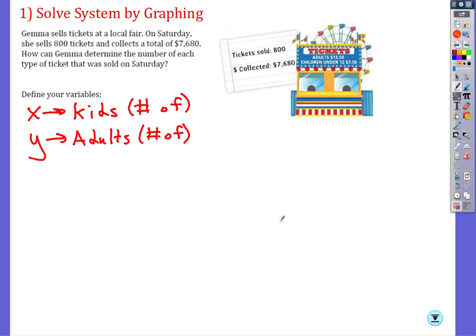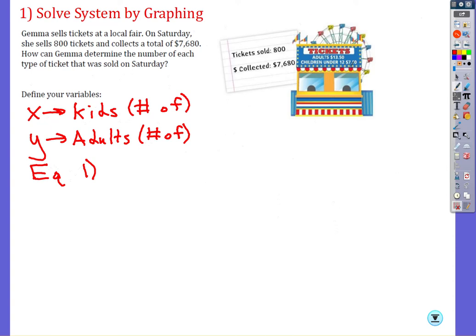So let's see if we can figure out an equation. My goal here is to create two equations, but let's just start with equation 1. If there are 800 tickets sold, and a number of kids and a number of adults, and if they say adults, we can assume that they're considering 12 and above an adult. So no one is ageless in this scenario.